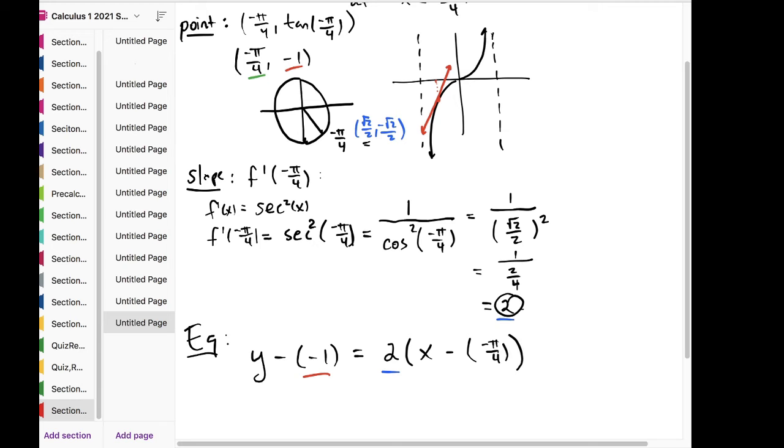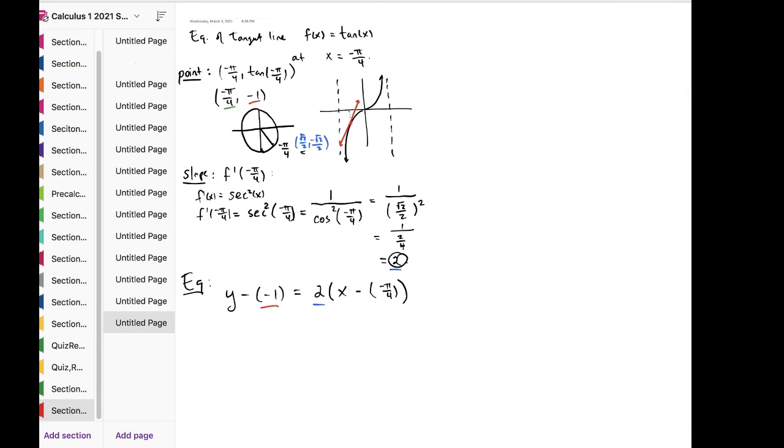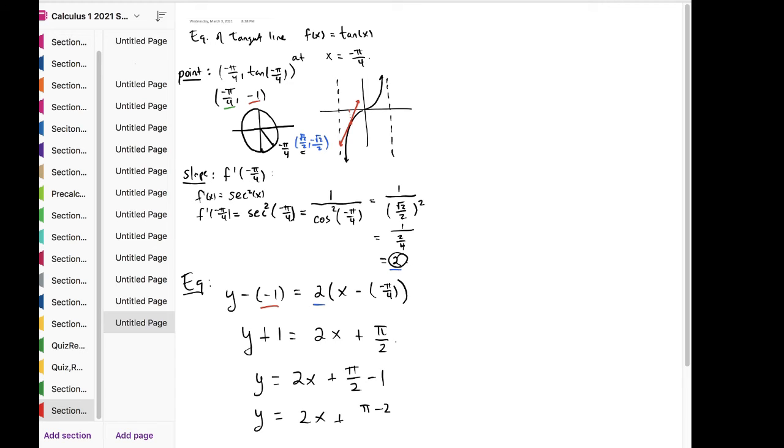Okay. So rewriting that, it's y plus 1 is equal to 2x plus pi over 2. So y is equal to 2x plus pi over 2 minus 1, or if you really want to be fancy, 2x plus pi minus 2 over 2.